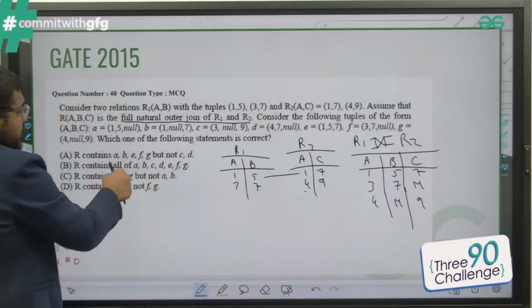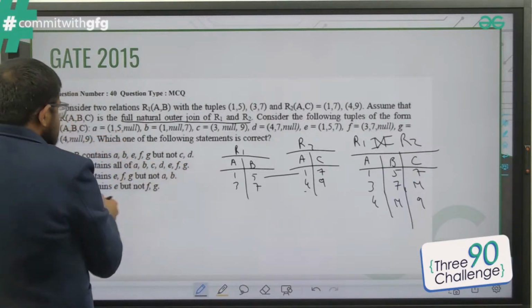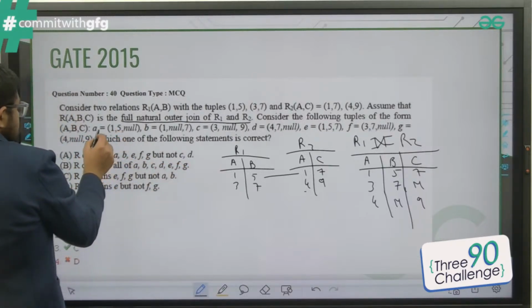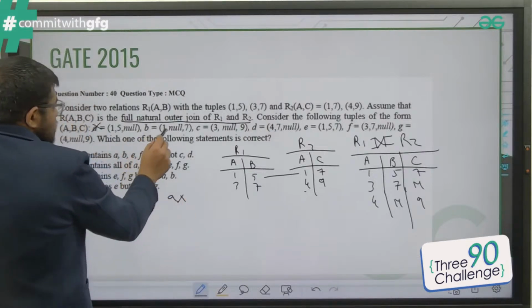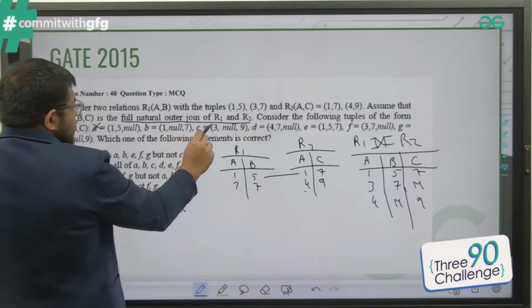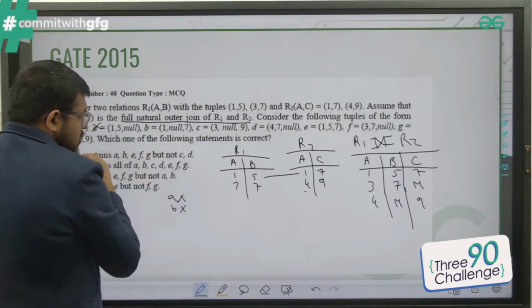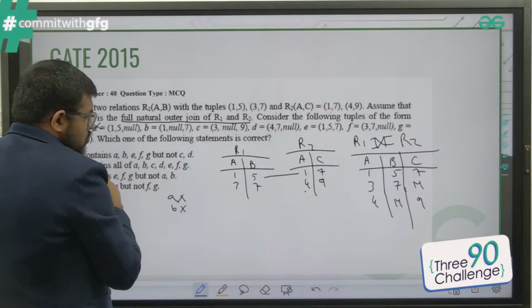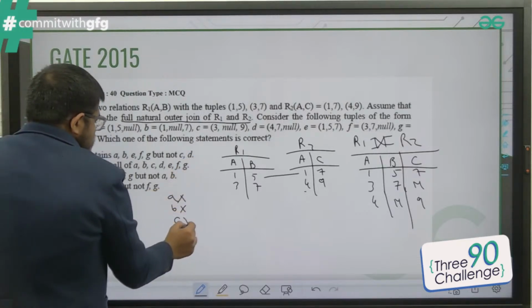So which of the following are present in this and not present in this? 1 5 null, is it present? No, so A is not present. Then 1 null 7 is also not present. Then 3 null 9, no, 3 null 9 is also not present, so C is also not present.